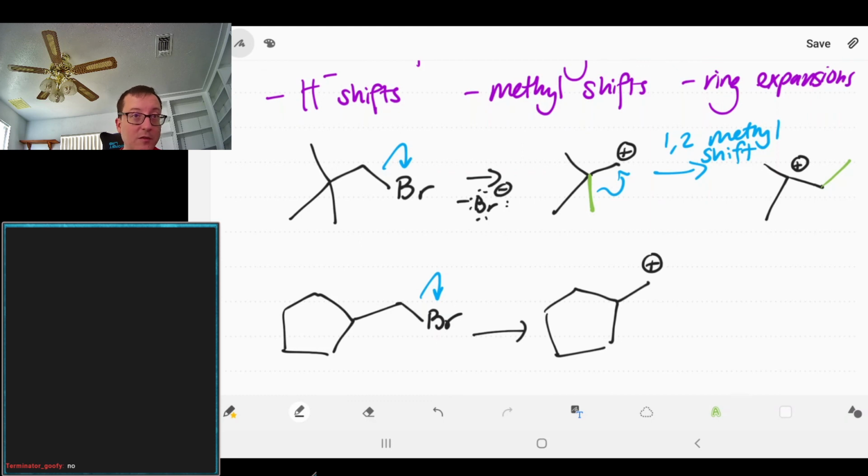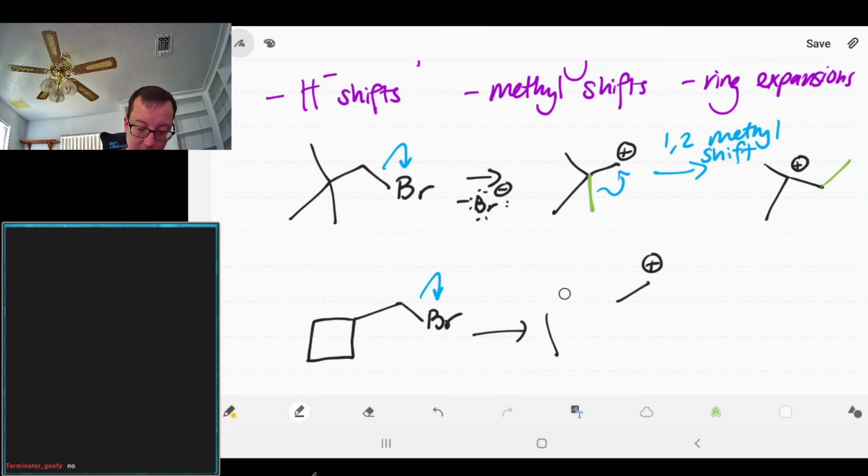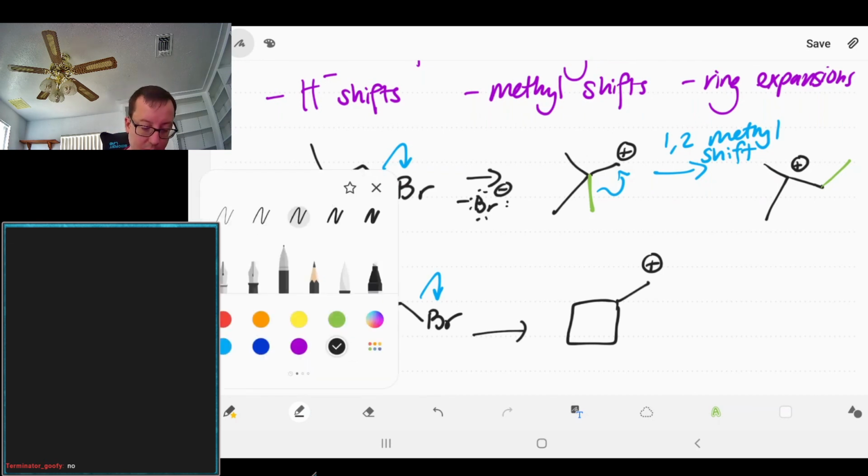We could do a methyl shift. I'm sorry, a hydride shift. Let's make this a little bit more strained. That's going to make it more likely to expand. So I'm going to just change this a little bit to illustrate what's going to happen here. So yes, you could do a hydride shift, or you can ring expand.